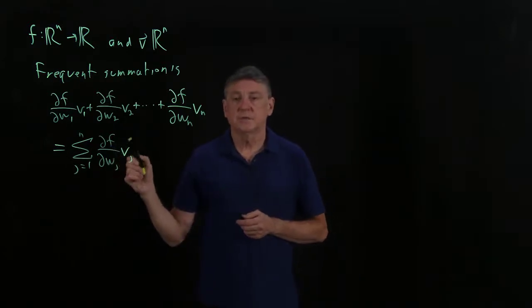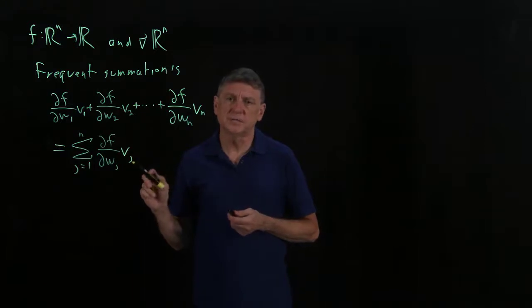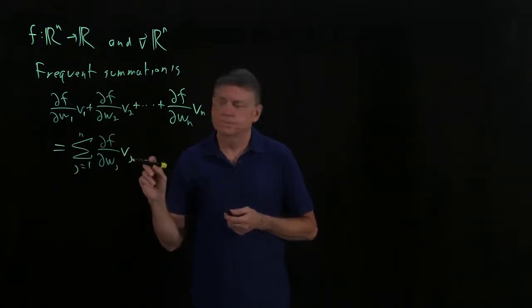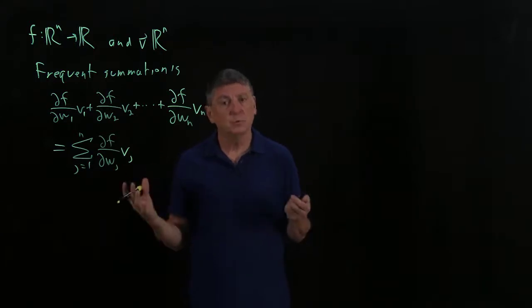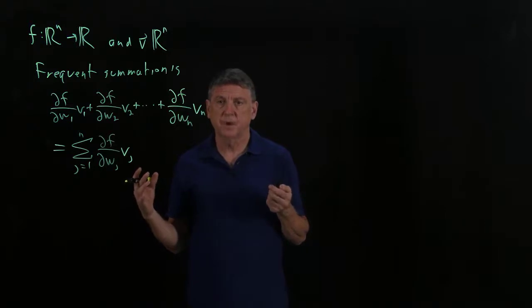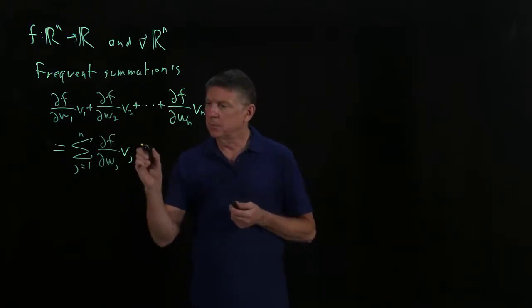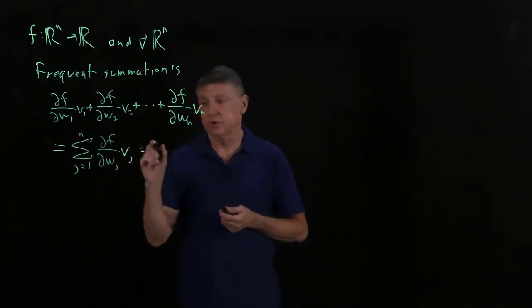This arises, as I said, often, and one place that it arises, for example, is in neural networks. We're going to see this, and our question is, how could we write that summation in a concise way? Well, one way we could do that is we could say, well, this looks like a dot product.